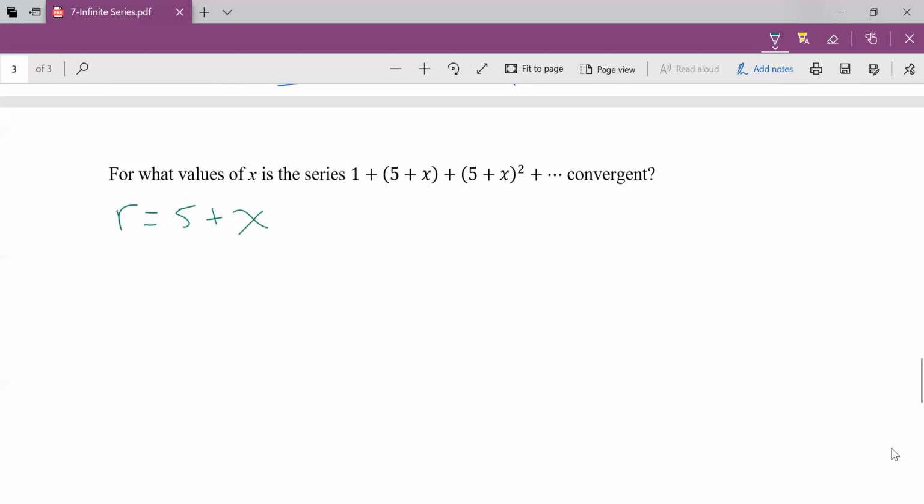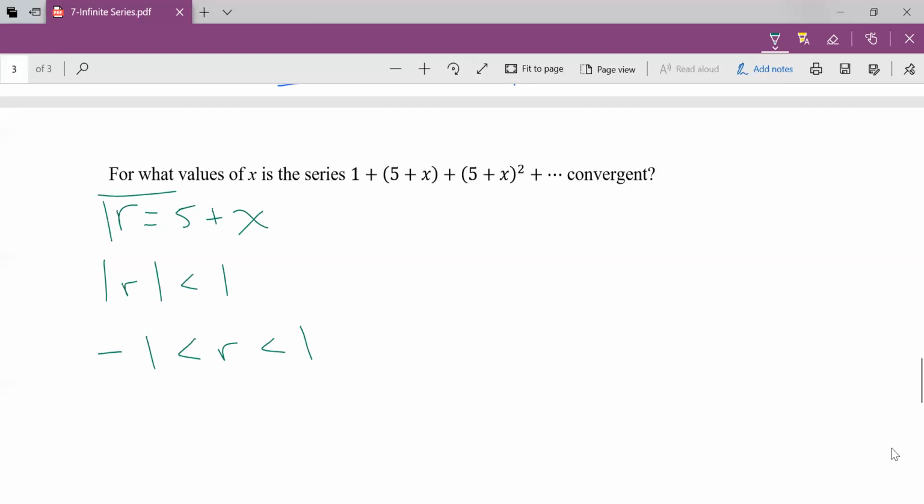But for what values is this thing convergent? So remember what I kind of alluded to a moment ago. My absolute value of my ratio has to be less than 1. The other way to say that is my ratio has to be between negative 1 and 1.